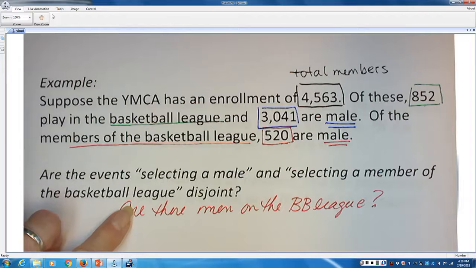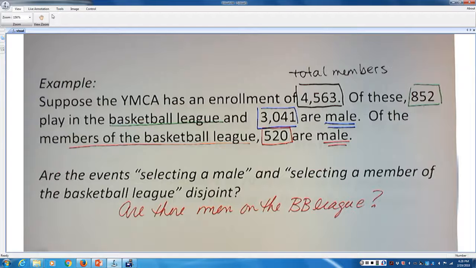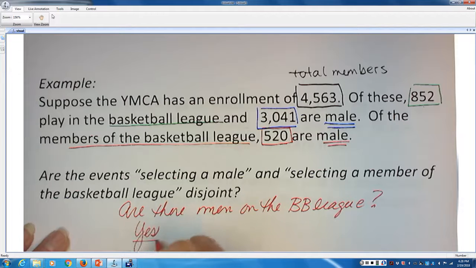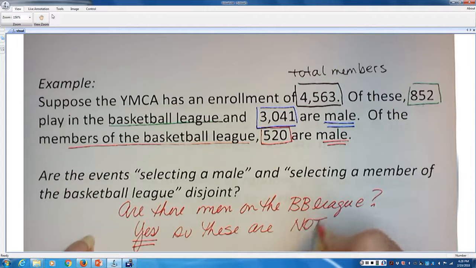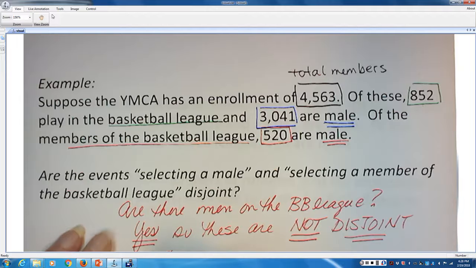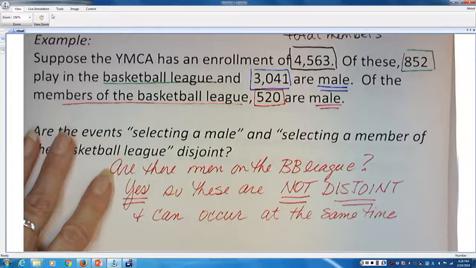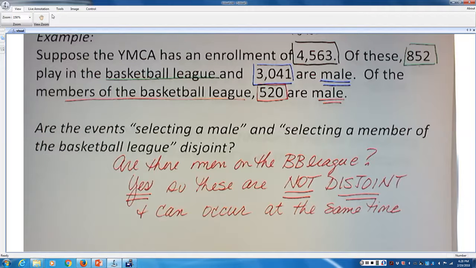Are there men in the basketball league? And the answer is yes. They're not disjoint. And they can occur at the same time. You can pick a member out of the YMCA, and that member may be a man on the basketball league.